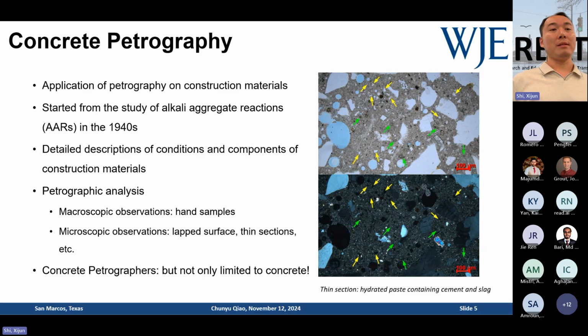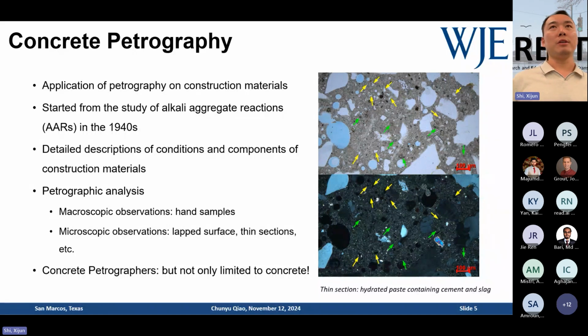Concrete petrography, basically, we just apply the principle of petrography on construction materials. So we call concrete man-made rocks. So that will give us some access to the tools from geology to study construction materials. So, literally, concrete petrography, this whole topic or study started from the 1930s.